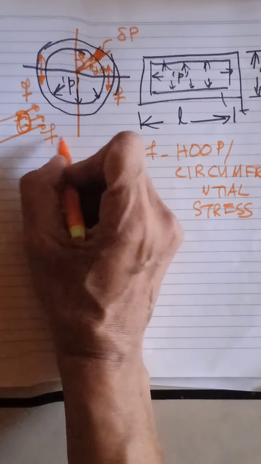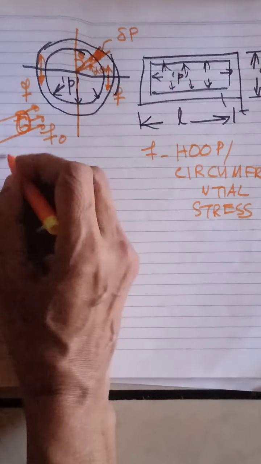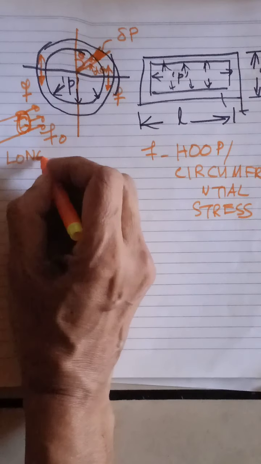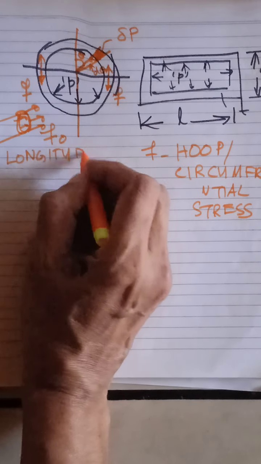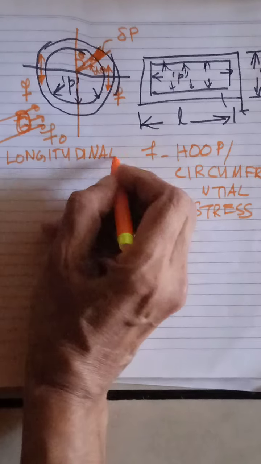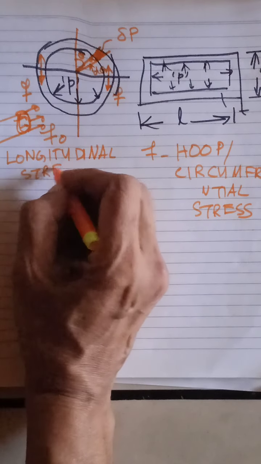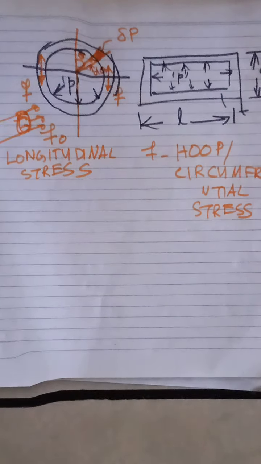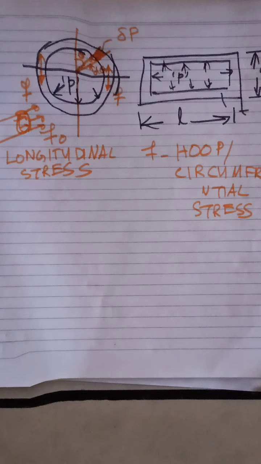This stress is known as longitudinal stress. You call it F naught. So you have two types of stress developed in the thin cylinder due to internal pressure. One is hoop stress or circumferential stress, another one is longitudinal stress.